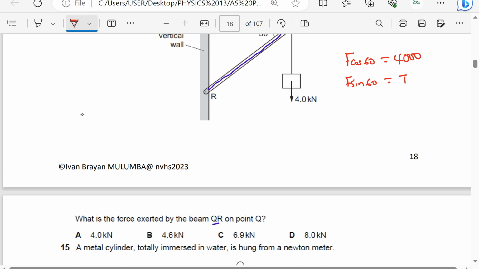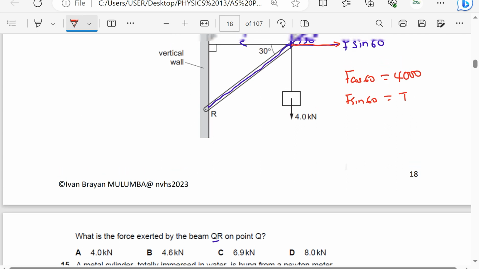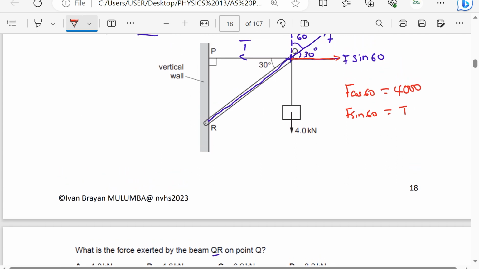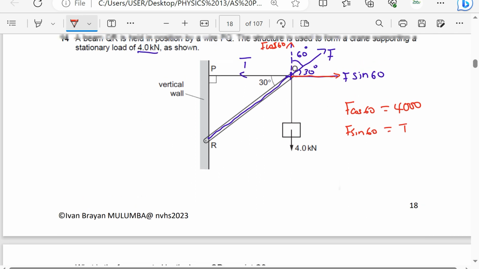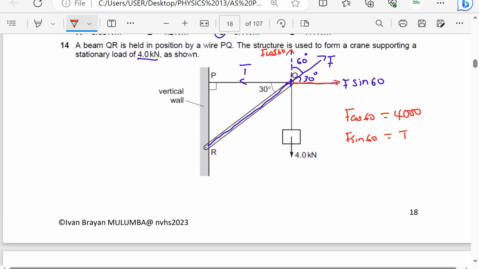I didn't want to find T, but I'm going to be forced to find T anyway. Okay, so I'm dividing the two equations. So I have that tan of 60 is equal to T over 4,000. So it means T is going to be 4,000 tan of 60.